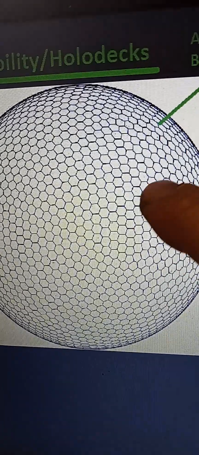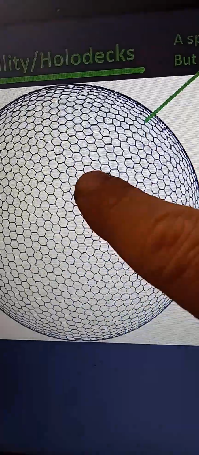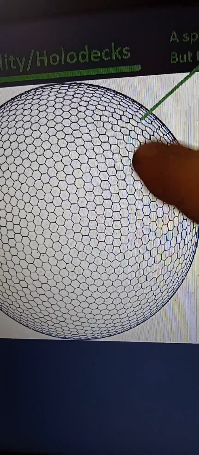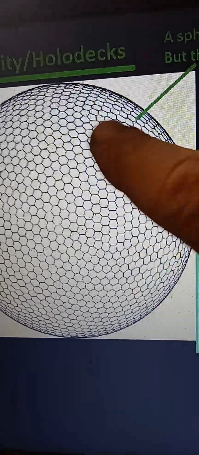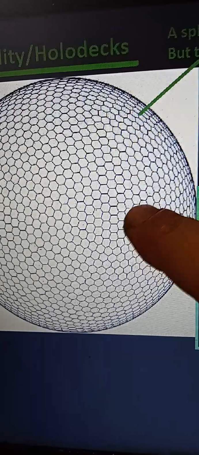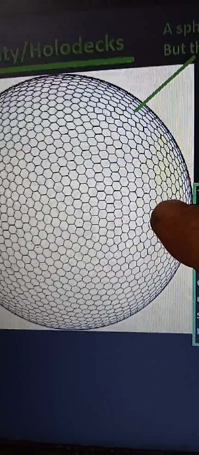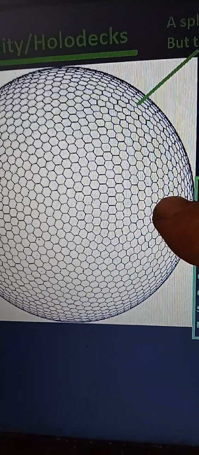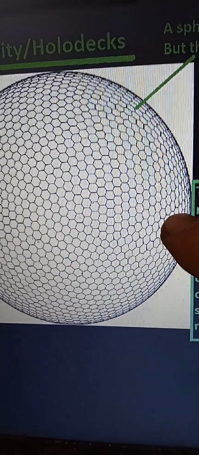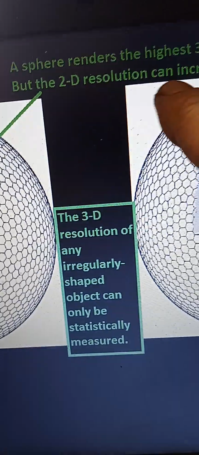And I used this a long time ago as a proof to myself that you can evenly distribute pixels symmetrically around a highly symmetrical sphere. You can read that in books, but visualization helps a lot to prove it to yourself. But anyway, 2D resolution can increase 3D resolution.